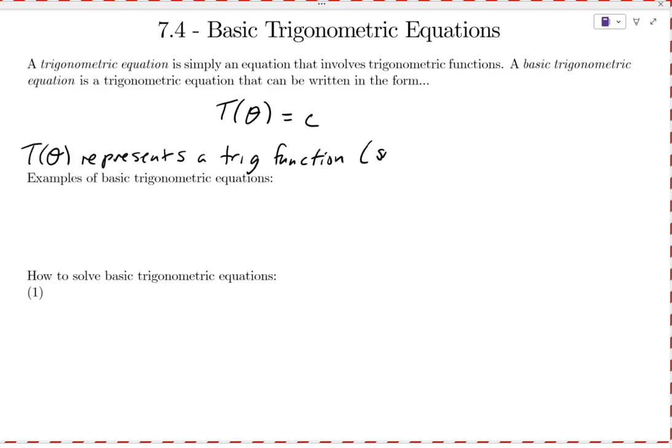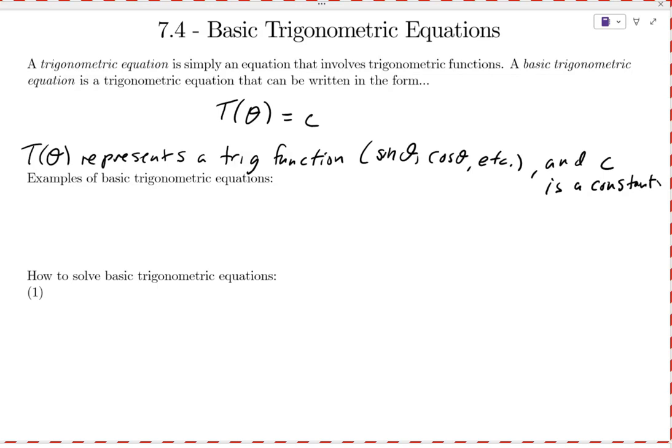What I mean by that is maybe it's a sine theta, maybe it's a cosine theta, etc. And then C is just a constant. Okay. So this is what we mean by a basic trig equation.